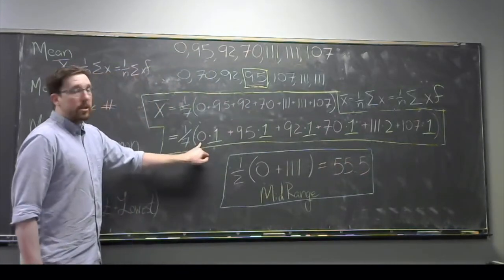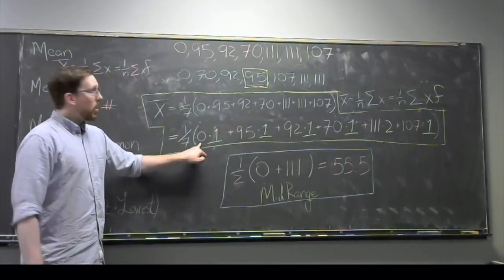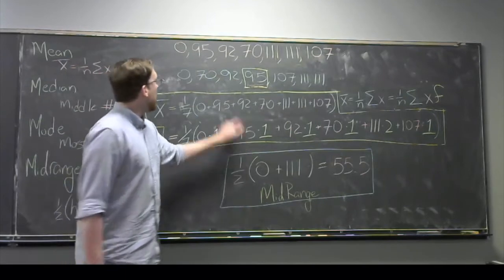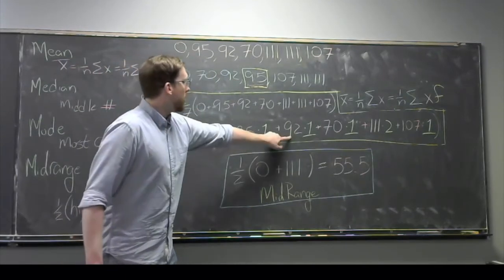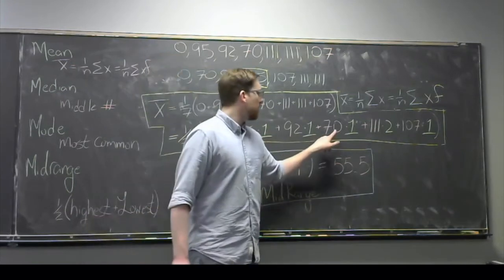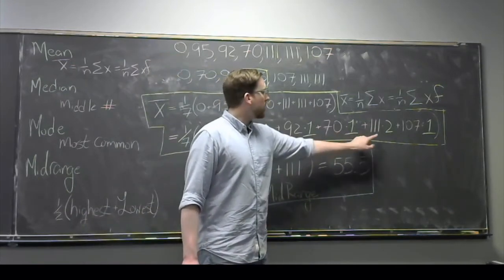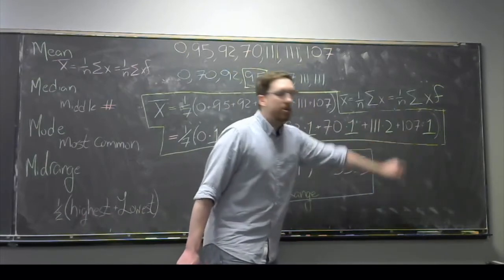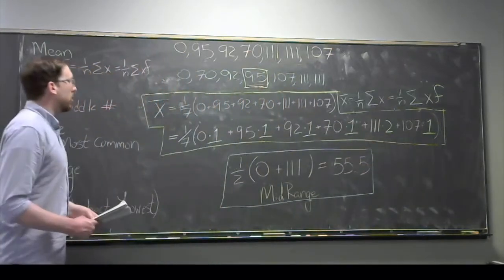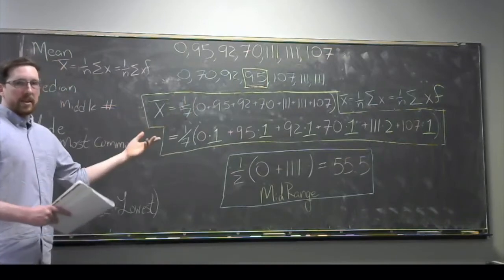So 0 was a unique element, it occurred only once. 95 was a unique element, and it occurred only once. 92 occurred once. 70 only occurred once. 111 occurred twice. 107 occurred once. Add it all up, divide by 7.